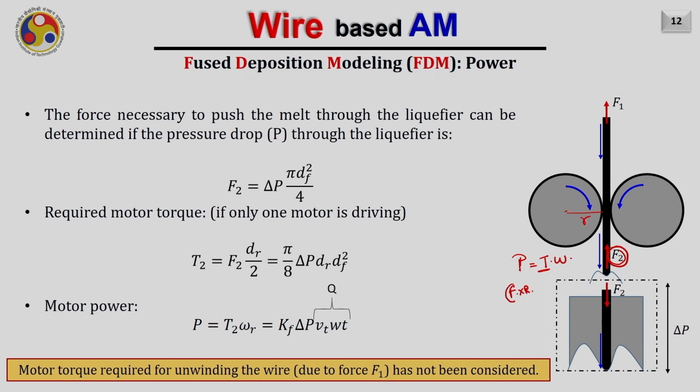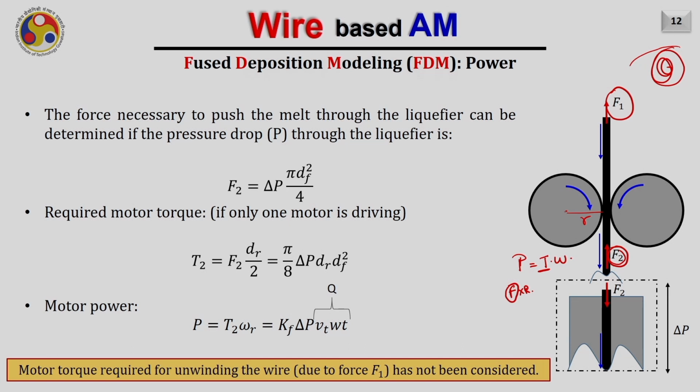Now, to find this value of F, there are two forces required. One, to unwind the wire from the filament reel, and another is the force required to push the wire into the liquefier. The force required to unwind the wire from the reel can be neglected because it may not be required to a very large extent. But the force required to push the wire into the liquefier will be really quite high.